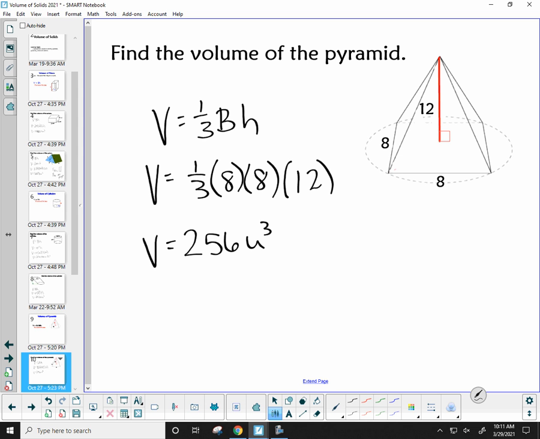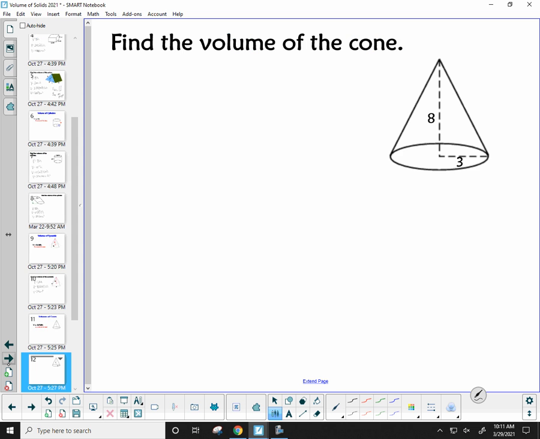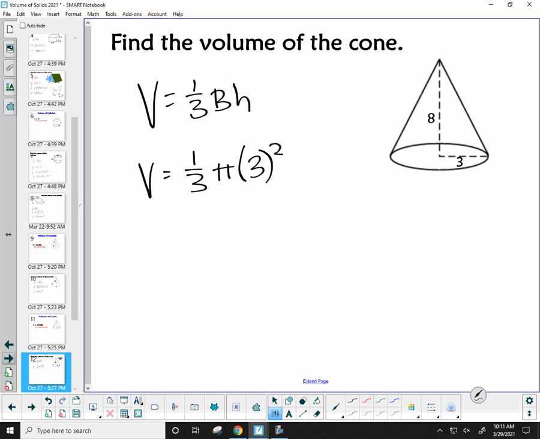All right, good news is we have the exact same formula for cones. 1/3 of the area of the base times the height, except what's my base always going to be with a cone? A circle. All right. So here we go. Volume equals 1/3 area of the base times the height. So my base is pi r squared, so pi times my radius squared, so 3 squared, times the height of my cone.